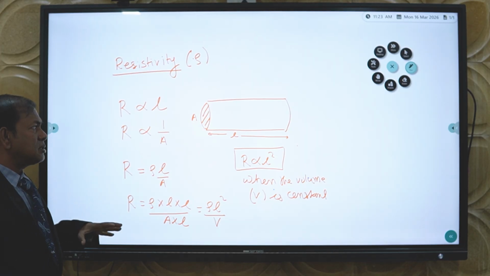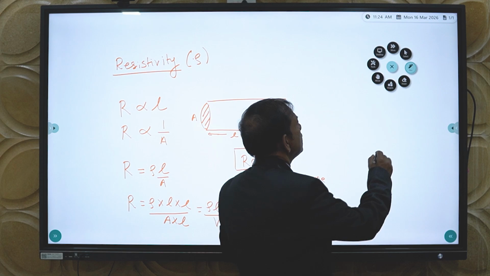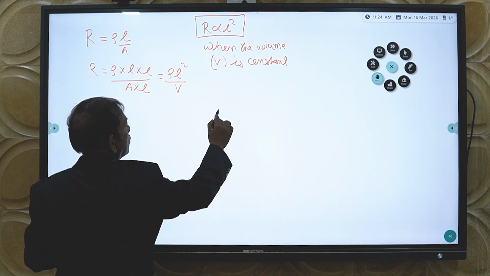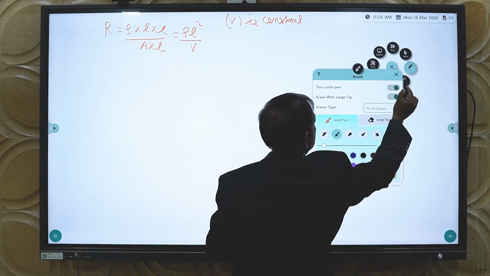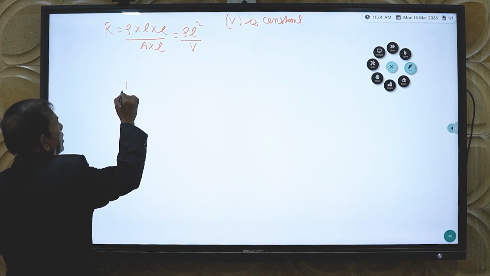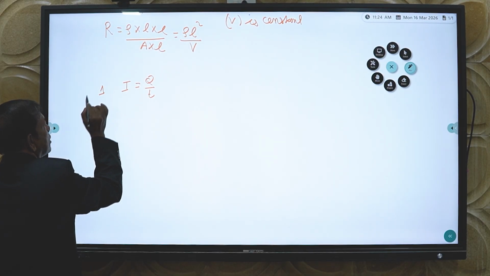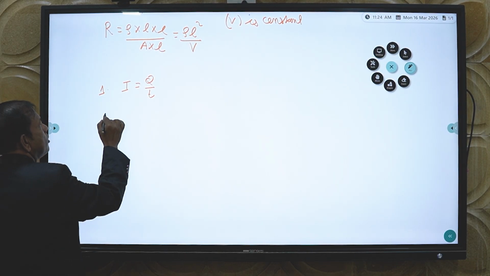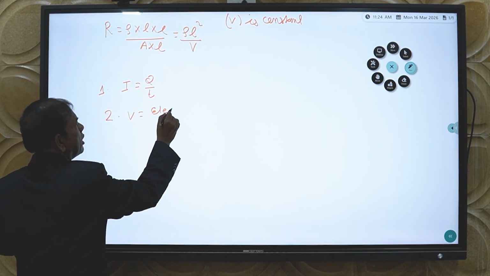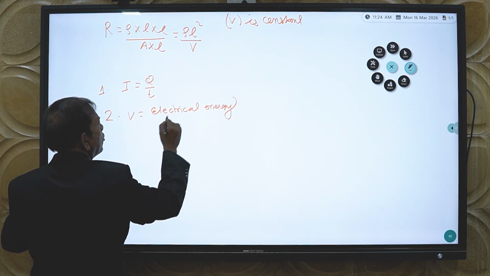Now, in this topic, I'm just summarizing what exactly we are supposed to know. First is the electric current I equal to Q upon T. That is the first thing you are supposed to know. Second thing you are supposed to know is the potential difference, which is electrical energy over charge.